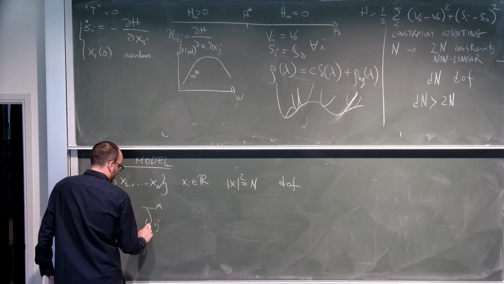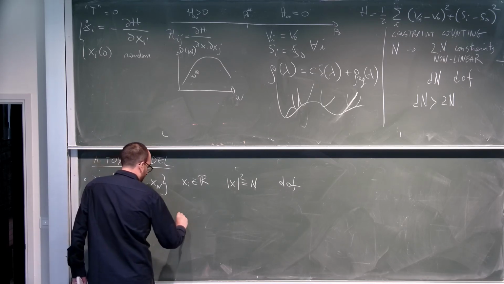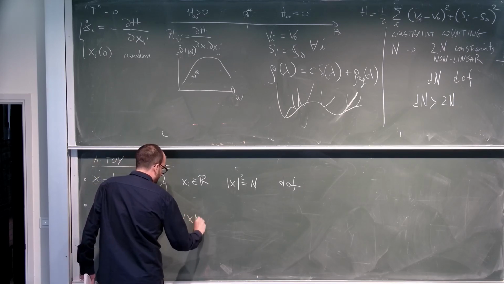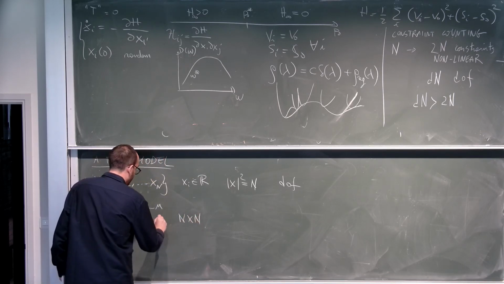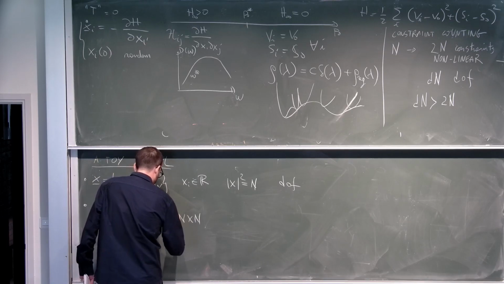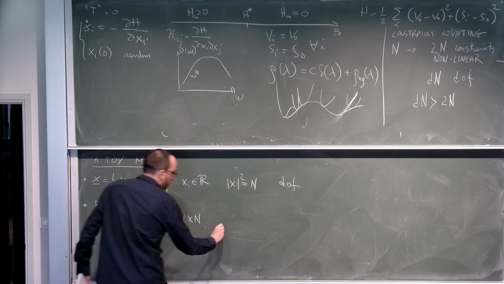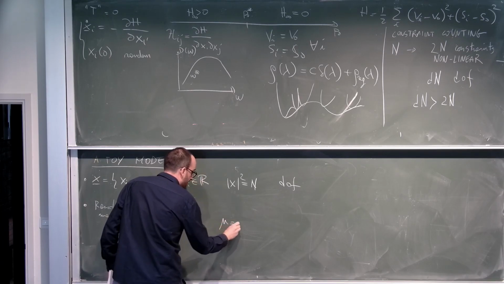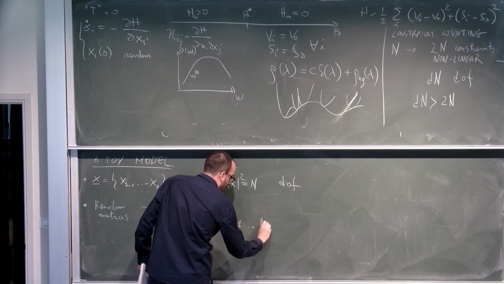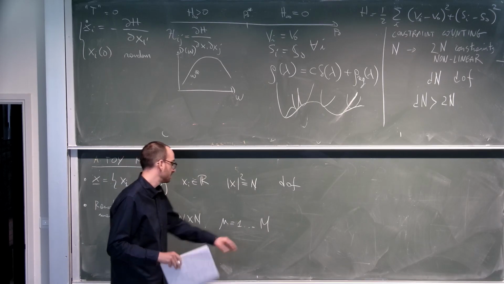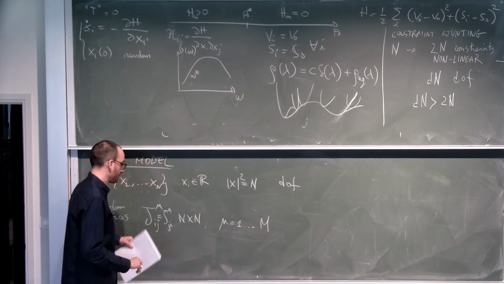These are n by n symmetric random matrices, and the index mu labels each matrix, so I have M random matrices.